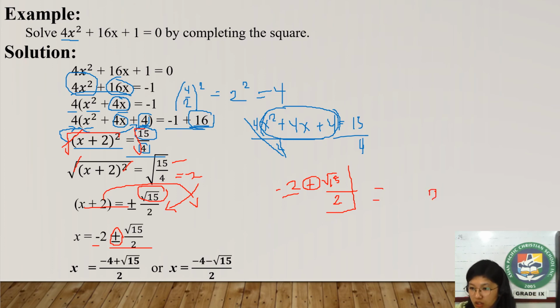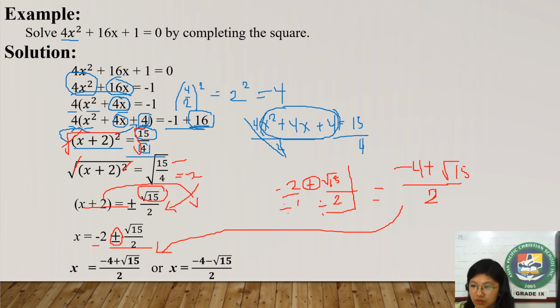So, ang LCD natin ay 2. Bakit? Kasi ito ay automatic na 1, ang whole number. So, we have here 2 divided by the denominator of the first fraction, 1. 2 divided by 1 will be 2. Then, 2 times negative 2 will be negative 4. Ayan, plus 2 divided by 2, dito na tayo sa second fraction, 1. 1 times square root of 15 will be square root of 15. Kaya, ito yung sa first solution.